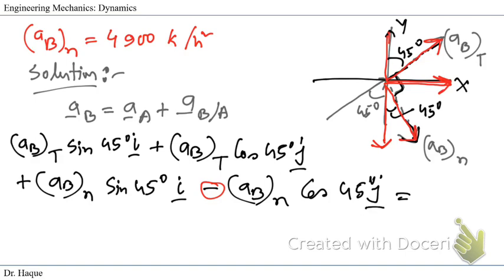On the other side, we know plane A is decelerating in the J direction, so we don't have to worry about that. It's decelerating, so it's positive 50. So we'll write that on this side, 50 J positive, and then our unknown, which is A B with respect to A.